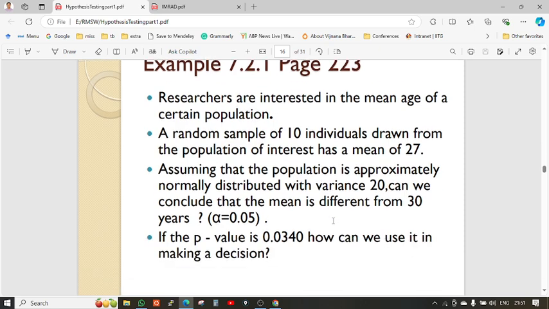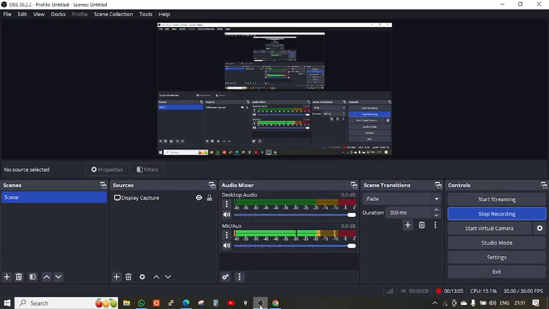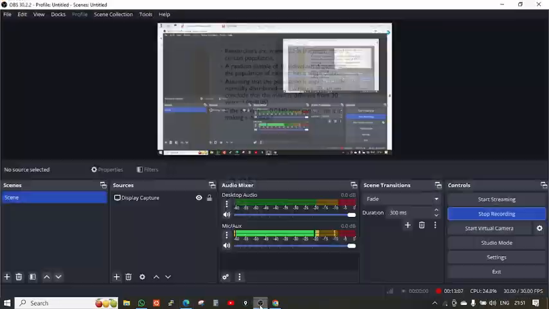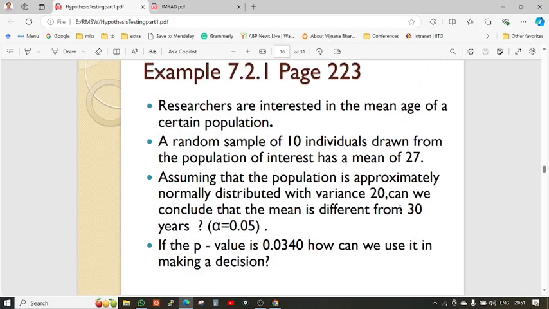This is one example. Let's say researchers are interested in the mean age of a certain population. A random sample of 10 individuals is drawn from the population of interest and has a mean of 27. Assume the population is normally distributed with variance 20. Just try to calculate it, and then I will show you how to calculate.